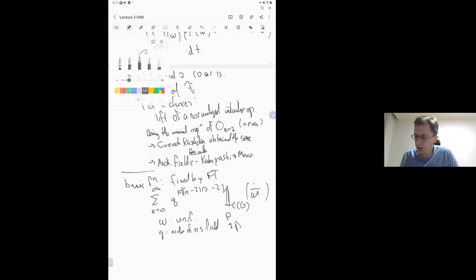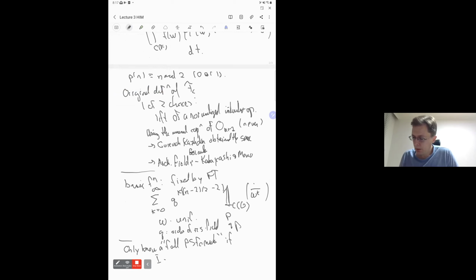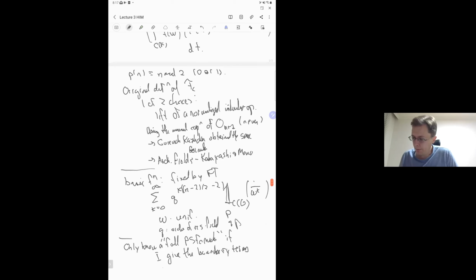So let me also remark that I only know a full Poisson summation formula if I explain, or if I give, the boundary terms as residues of Eisenstein series.